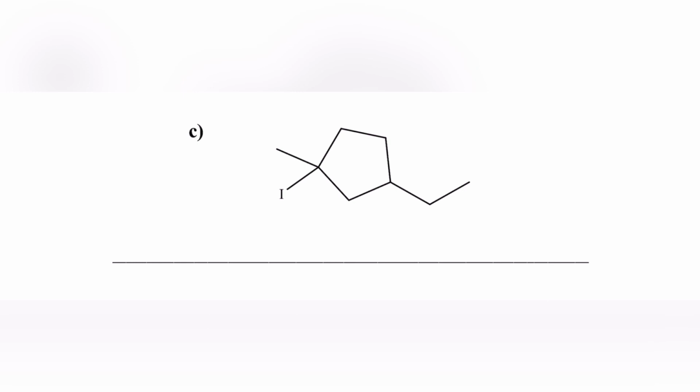Next, we go for structure C. Structure C, the longest carbon chain should be in the ring. So you have the ring in 5 carbon atoms, and the first carbon should be at the one with more substituents. You can see this carbon got 2 substituents, 1 and 2. So I'm going to put this one as my first carbon, and then go here, you got third carbon for the next substituent. And then this one is what we call as methyl.